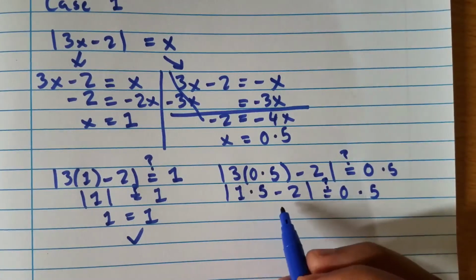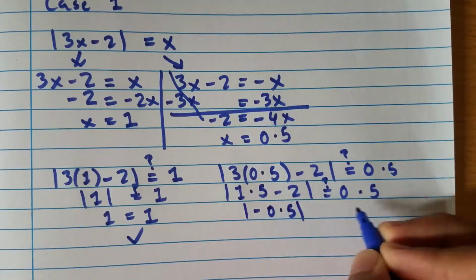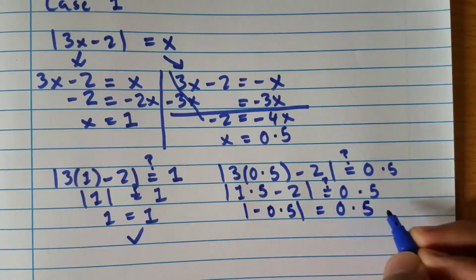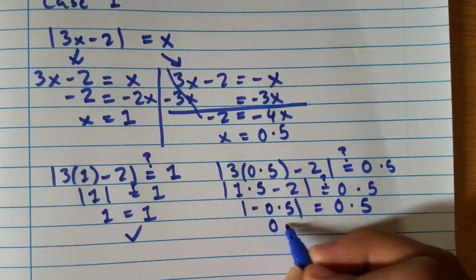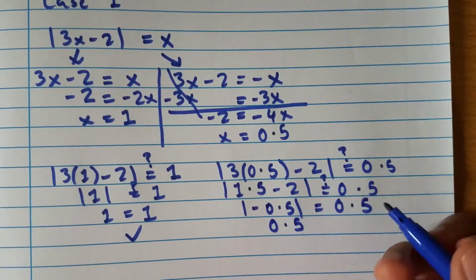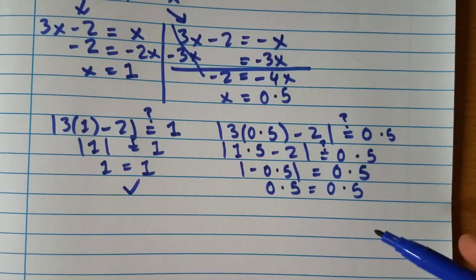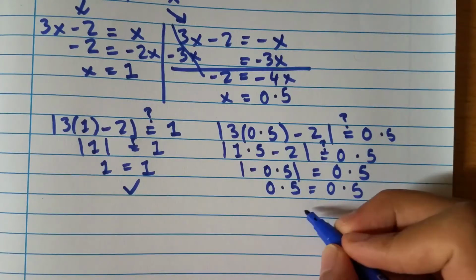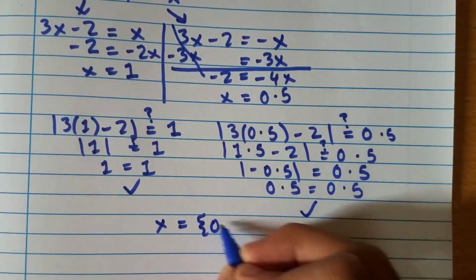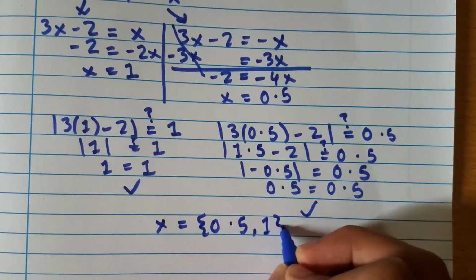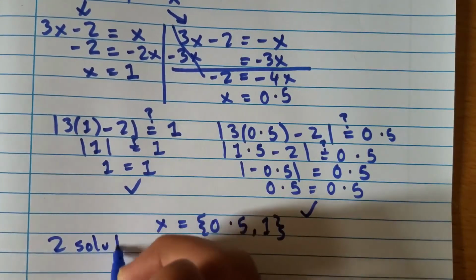And then 1.5 minus 2 is negative 0.5 equals 0.5. So indeed, this is a solution of this equation, because the absolute value of negative 0.5 is equal to 0.5. Therefore, 0.5 satisfies the equation. And we note that the solutions of this equation are 0.5 and 1. So case 1 shows that there can be 2 solutions.